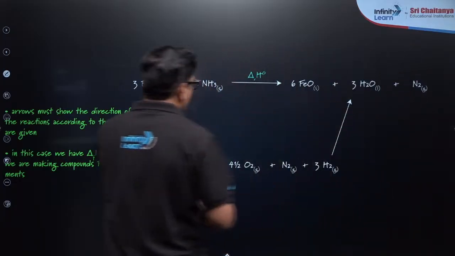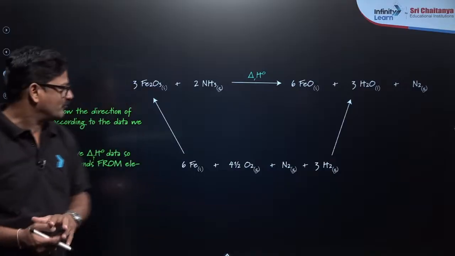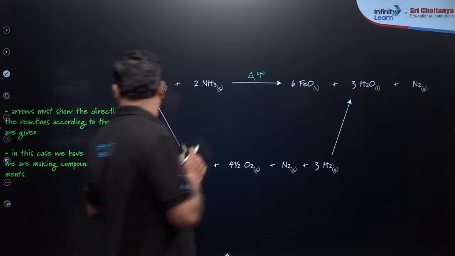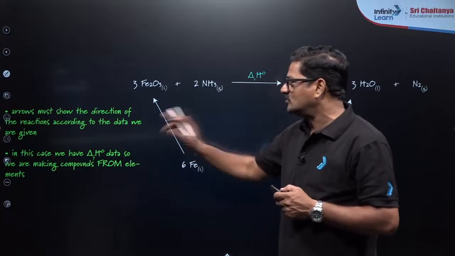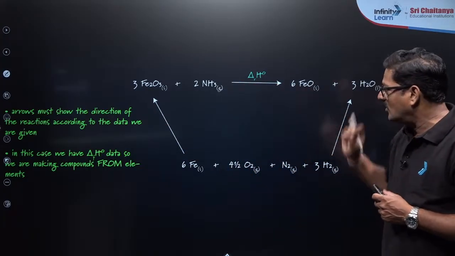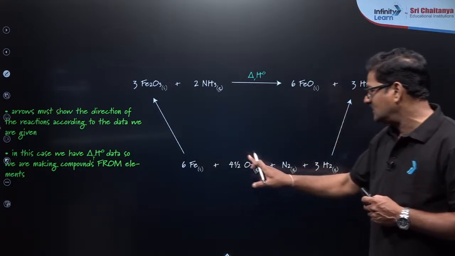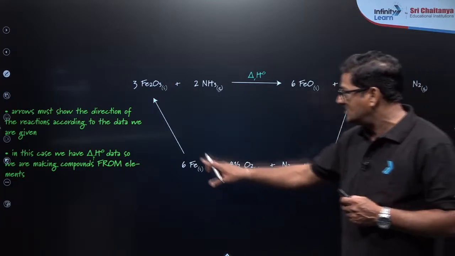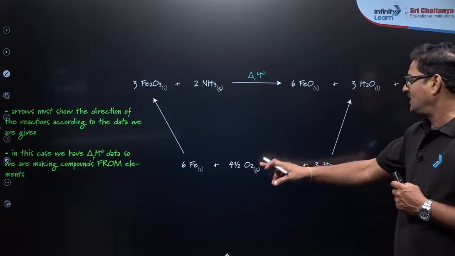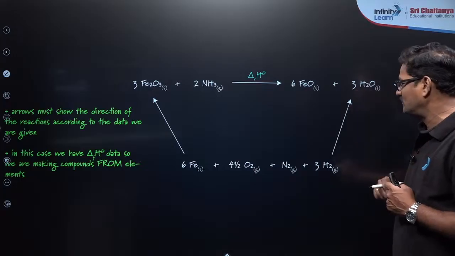Fe2O3 plus 2NH3 gives us FeO plus H2O plus N2. In this case, arrows must show the direction of the reactions according to the data given, right? And this is the direction, or else you can use the other way. Fe is combining with oxygen to give us Fe2O3, and H2 combined with oxygen gives us H2O.